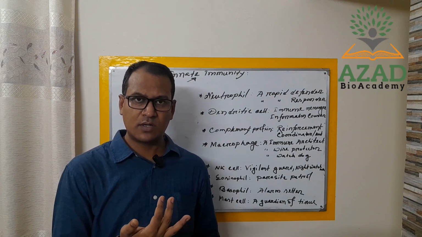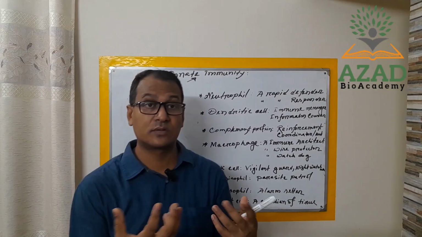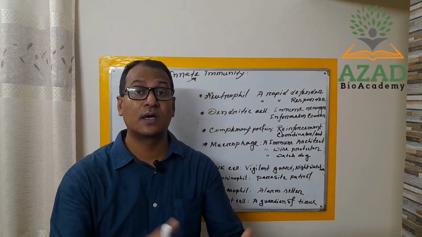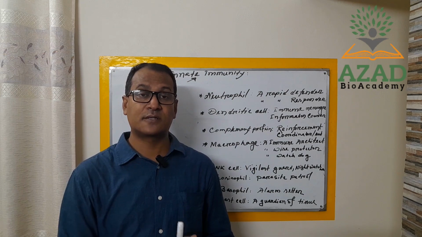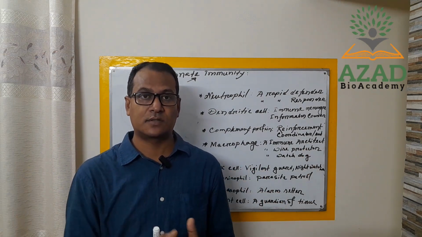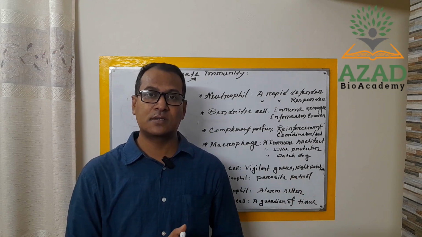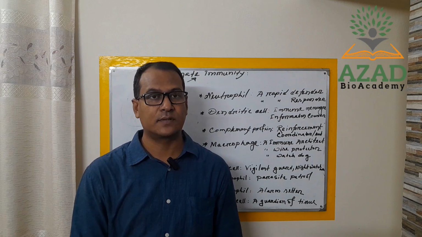So this is the inborn defense system, the first line defense system, and you can also say this is the non-specific immune system. That means it has a broader range to attack foreign substances, not specific. Another thing is that it's a very quick defense system.